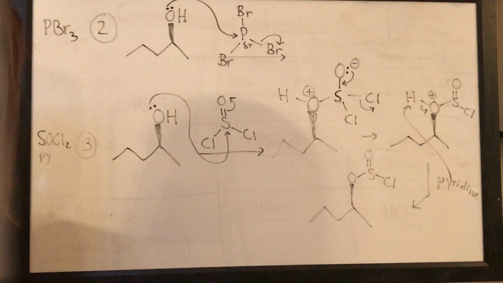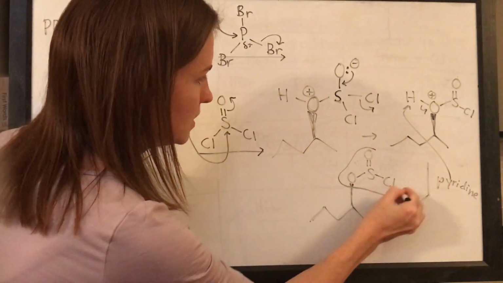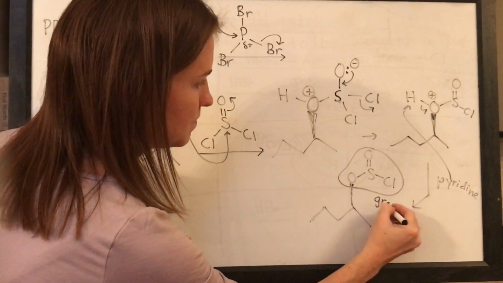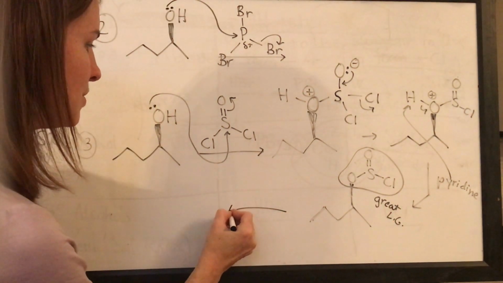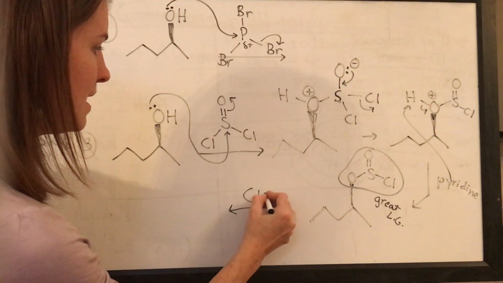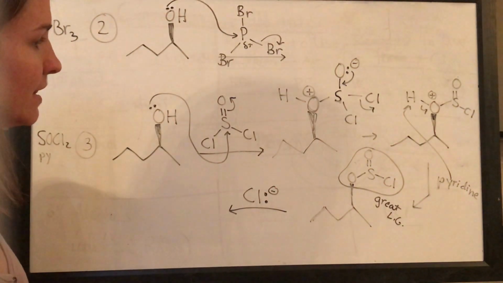Okay, and now we are set up with a really great leaving group again. I'm going to circle it. Here's our great leaving group. And so in our last step, our nucleophile is going to come in. It's going to do an SN2-like reaction with backside attack to kick out the leaving group.